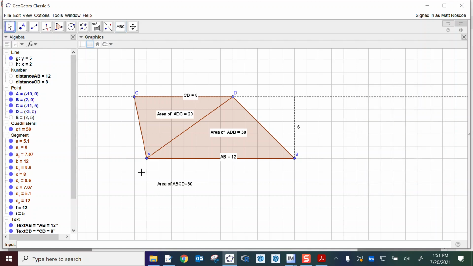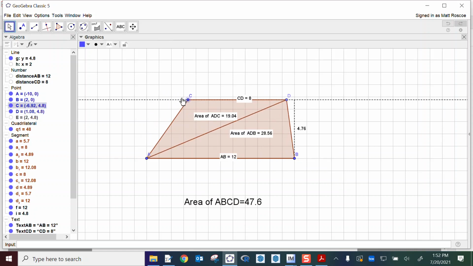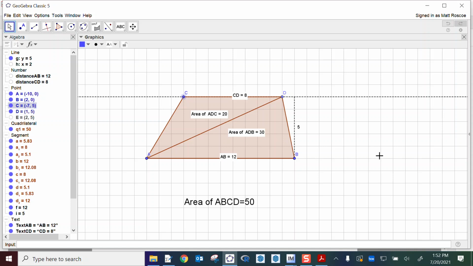Get my pointer tool back. Make that kind of bigger. Let's say large. Something like that. So we can see 50 is 20 plus 30. And we have this sort of a picture now. So now we can put some checkboxes in to help us out.